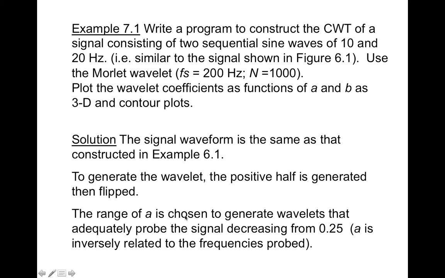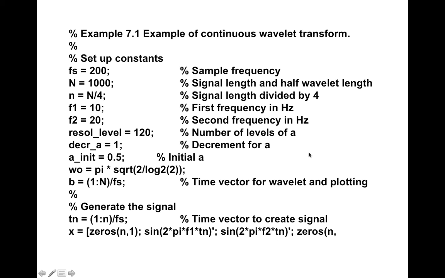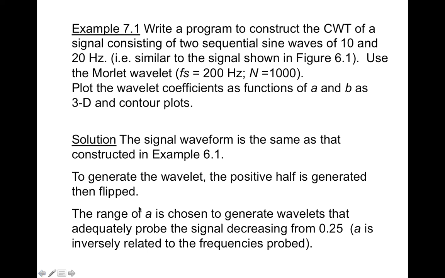And then we're going to choose the range of A beginning at 0.25 and then decreasing. So we actually aren't using the mother wavelet in this analysis. Now, let me go back, because this is a little bit of a judgment call, and sometimes you have to play around with what you want your value of A to be in order to get a good representation of your signal.